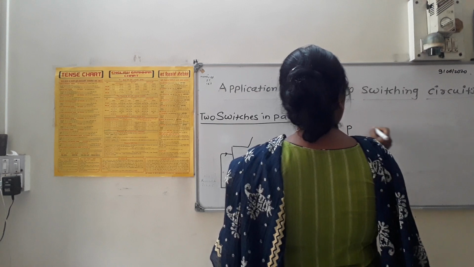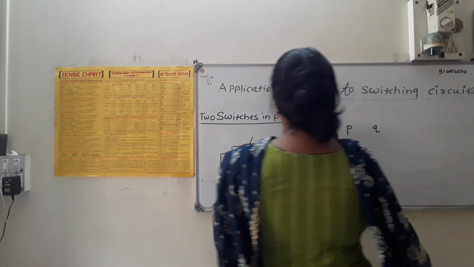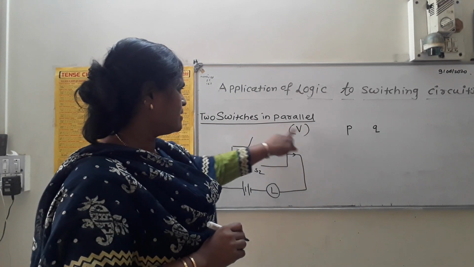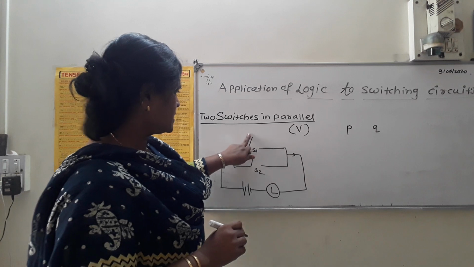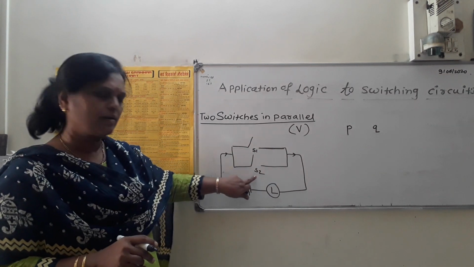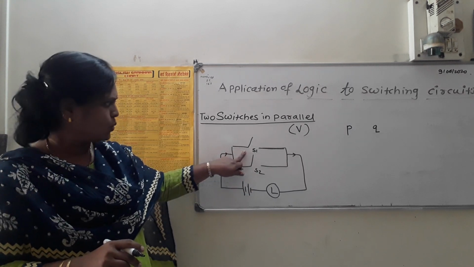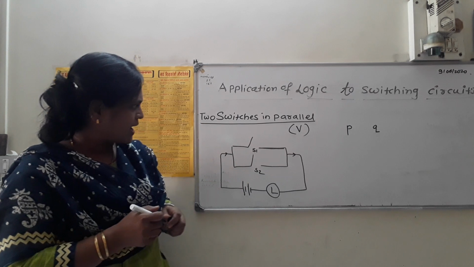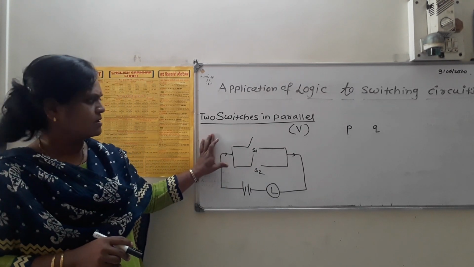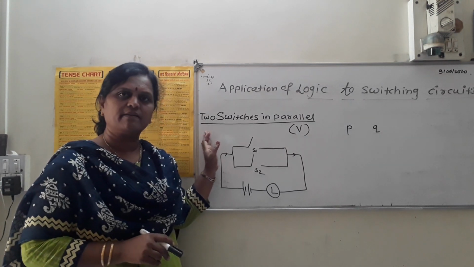Here P, Q. Parallel means OR. Remember the symbol, parallel means OR. This or this. See here, S1 or S2. In this case, the current will flow if at least one of the switches is closed. I will repeat again.